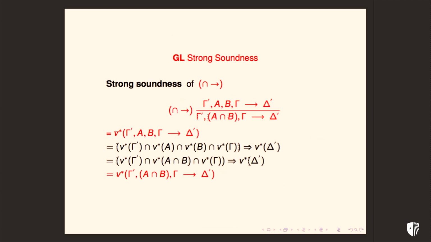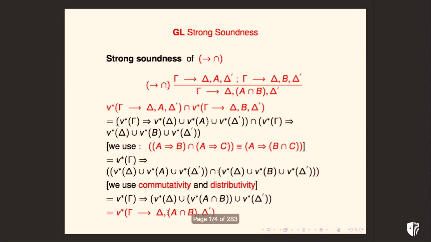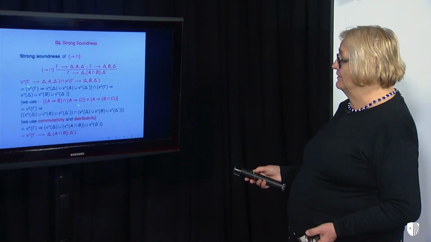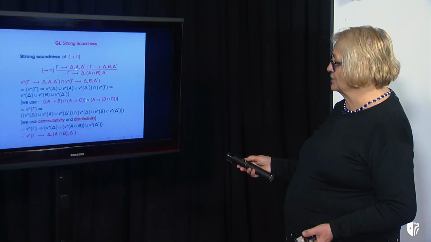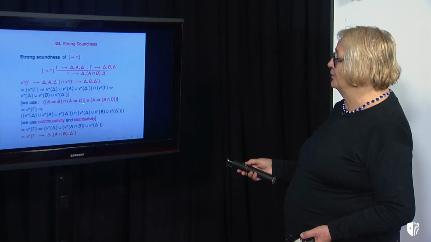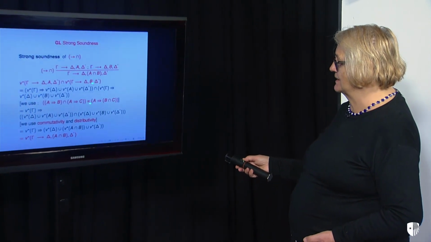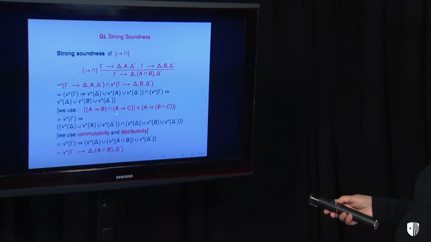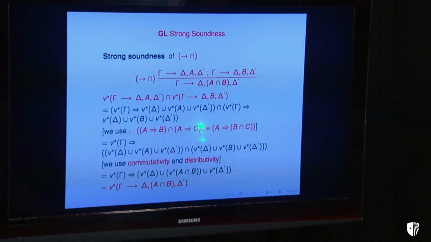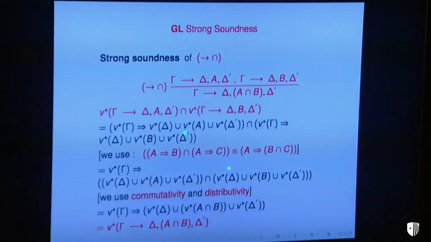So, for example, you want to prove the strong soundness of this. That is easy, because conjunction is conjunction. But to prove the strong soundness of this, we have V of this. This is a conjunction. And this is this premise, this is that premise. Now, when you distribute V, you get all this. And now you can see the structure.